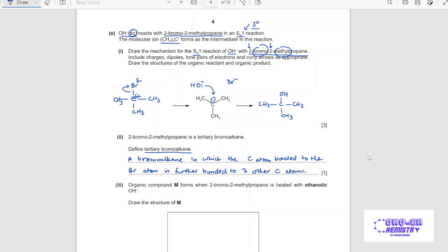All right. So that's a tertiary bromoalkane, and we have already seen that this carbon atom over here bonded to the bromine is further bonded to 1, 2, 3 carbon atoms. So that's tertiary.